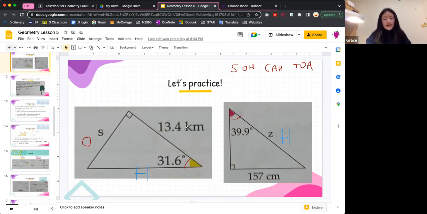So this other side over here, which we know, what must that be? Yes, it is the adjacent side.